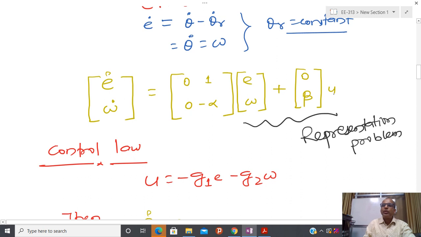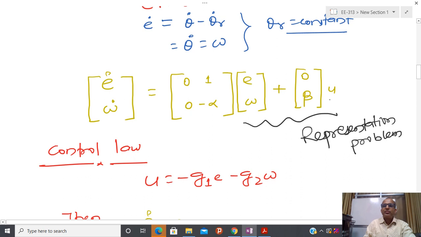I design u equal to something based on a state, then my system is converted into an autonomous system, and at that time I can talk about all different kinds of Lyapunov stability. So you can also involve Lyapunov stability here, and based on Lyapunov stability I will tell you something in this particular design problem.